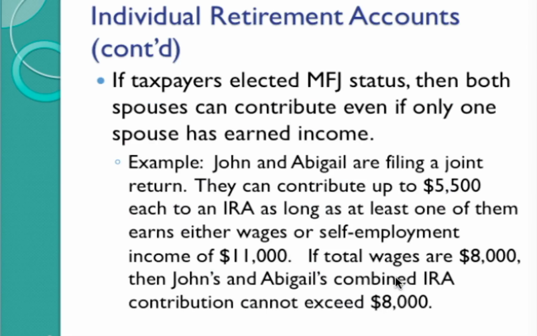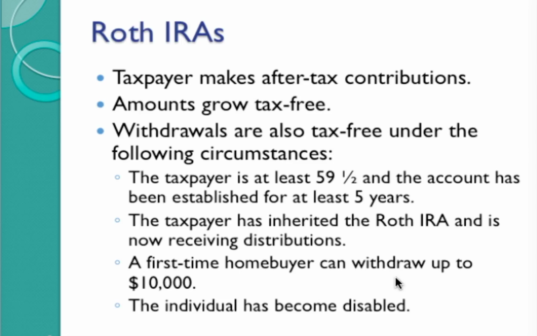So this is the slide I was talking about where you are granted the ability to contribute as a married filing jointly spouse, essentially doubling the amount that you're able to contribute there. The next two slides talk a little bit more about some of the provisions of a Roth IRA.